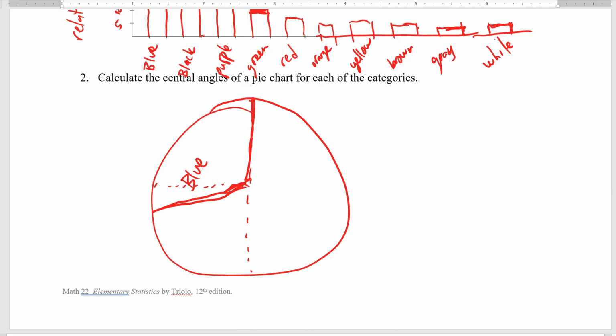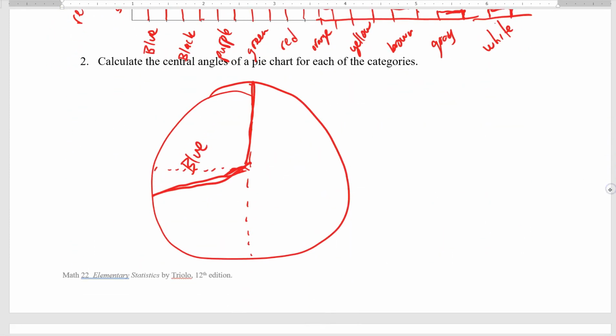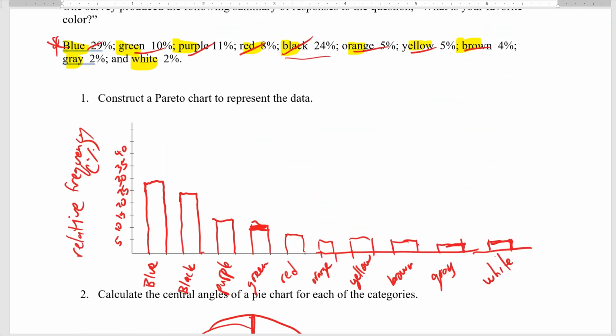Okay. The next one I see is black, which was 24%. I could do that same idea of cutting it to 25% and then bring it up a little bit and call that one black. Purple was 11 and green was 10. So I start ballparking: if I take these three, that would make 40, 50%. Green and purple are about the same.